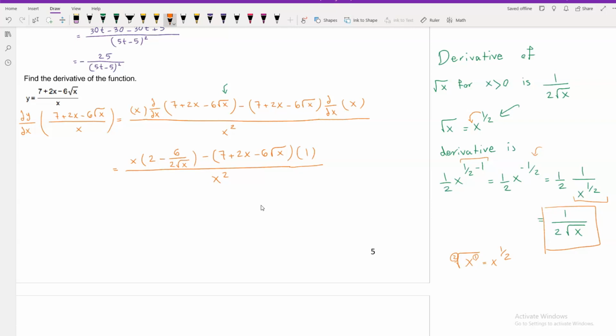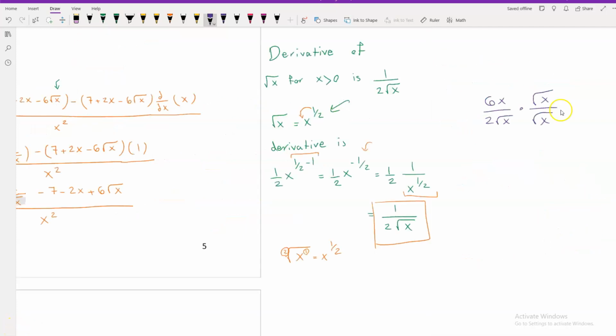Now we have to multiply and simplify what we have in the numerator here. We have this part in the denominator, so I'm trying to clear the fraction. Here we multiply both numerator and denominator by square root of x.